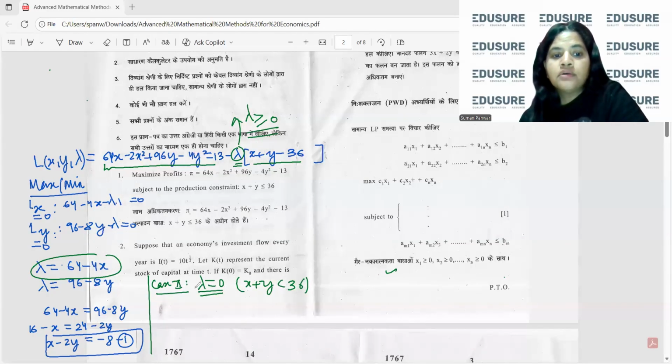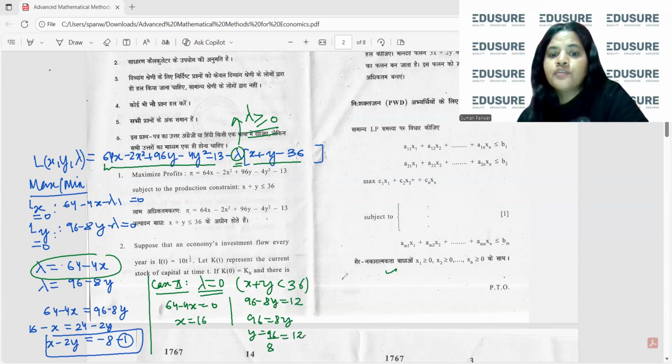So lambda is 64 minus 4x, so 64 minus 4x is equal to 0. So x is equal to 16. Also lambda is equal to 96 minus 8y, so 96 minus 8y is equal to 0. So 96 is equal to 8y. So y is equal to 96 upon 8, which is 12. So now my point where I can get a possible maxima is 16 comma 12.